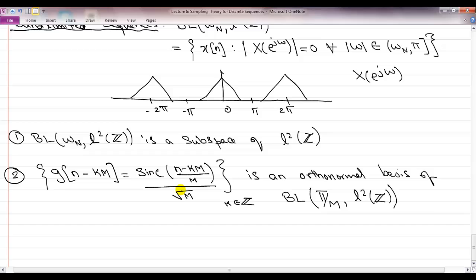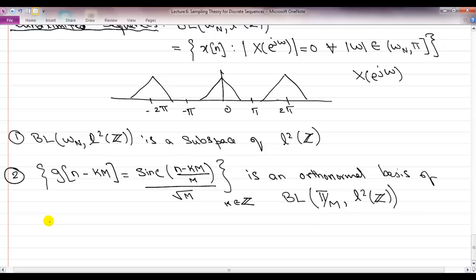So we have found that the signal model we are dealing with, the sequences which are band-limited, is a subspace, number one. Number two, that subspace has an orthonormal basis. When the bandwidth is pi over m, the subspace has orthonormal basis sinc of (n minus km) over m divided by square root of m to make things normalized. After that, the solution should be easier. What are the samples?